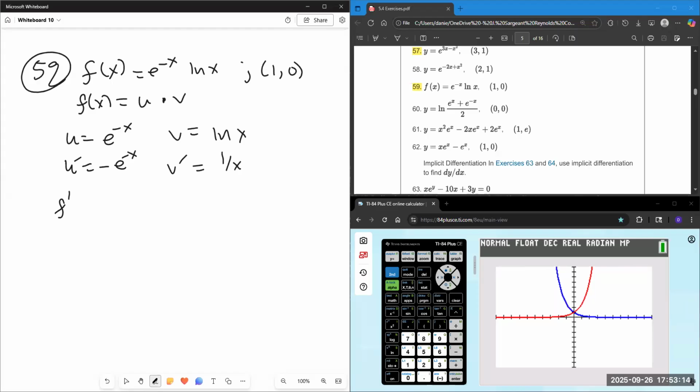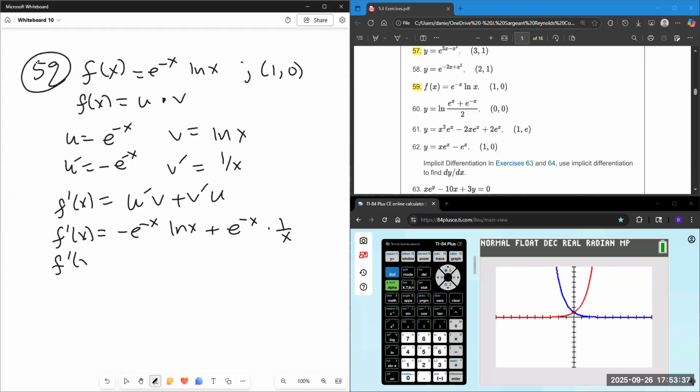So f prime of x is equal to u prime v plus v prime u. f prime of x is equal to negative e to the negative x ln of x plus e to the negative x times 1 over x. We'll factor out the e to the negative x, and we'll get 1 over x minus ln of x.